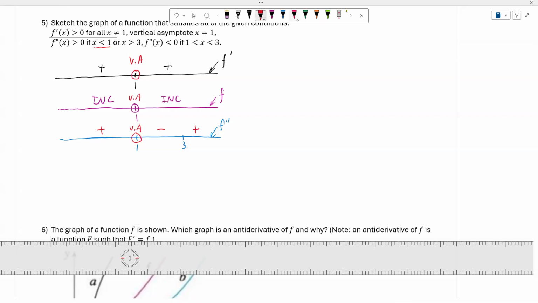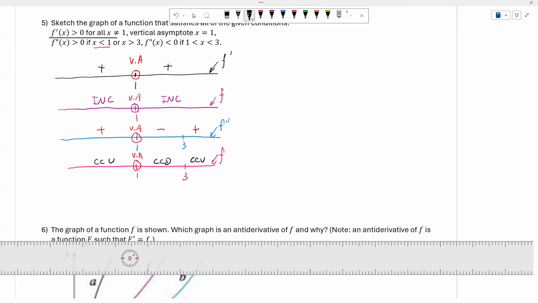Then again, let us translate this to the function f. So I have 1 and 3, with x equal to 1 a vertical asymptote. Positive f double prime means f is concave up, and negative means concave down.